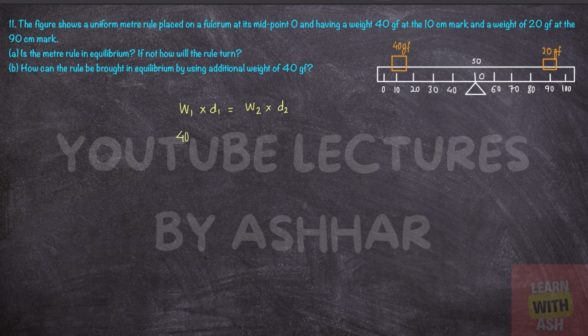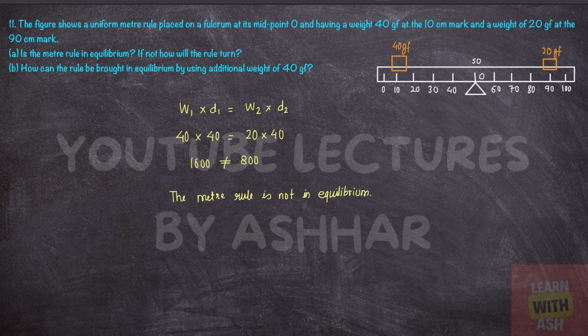It is the 40 gram force multiplied with the distance between the weight and the fulcrum, which is again 40, and this will be equal to 20 multiplied with 40. So this will be 1600 and this will be 800. We can clearly see that both of them are not equal. So I can say that this portion is not in equilibrium. So I will say the meter rule is not in equilibrium.